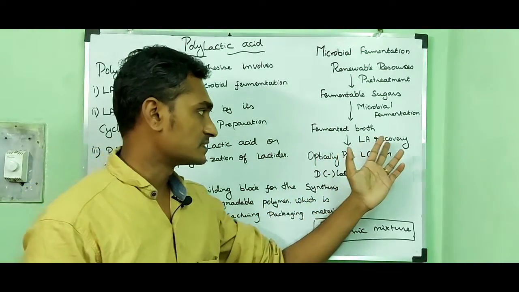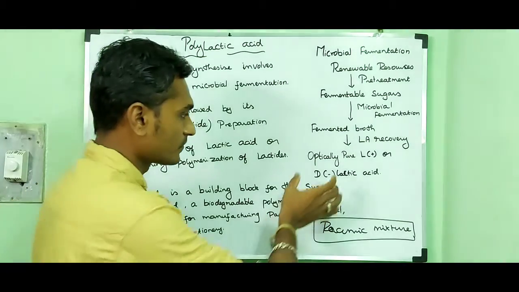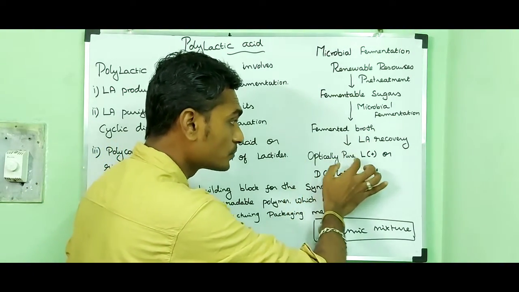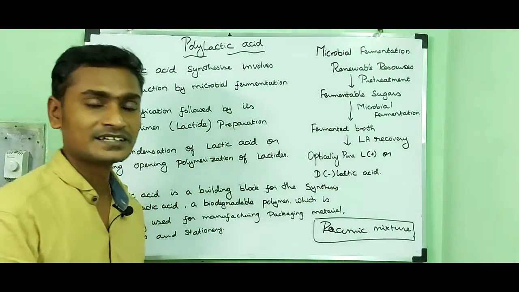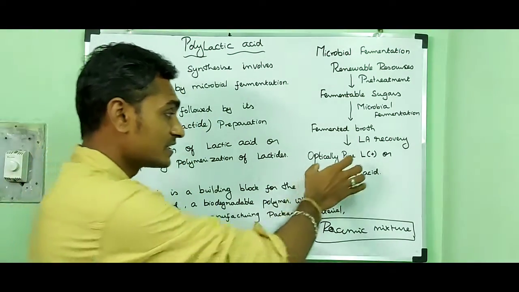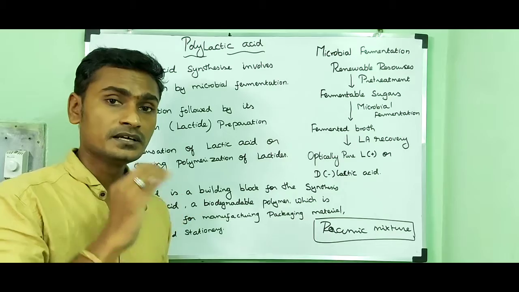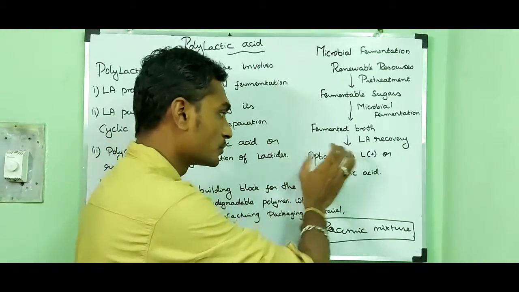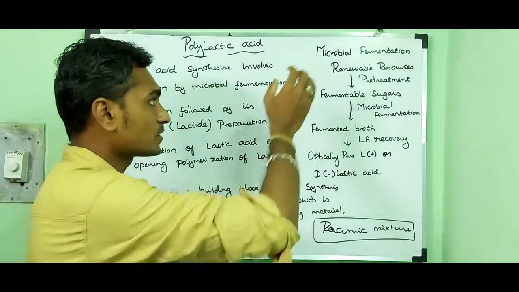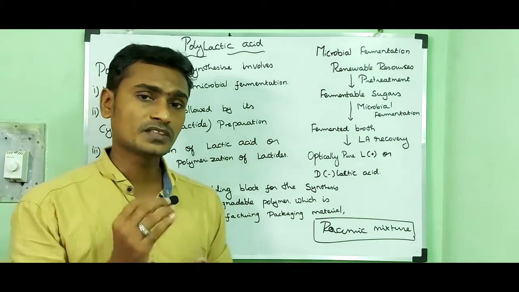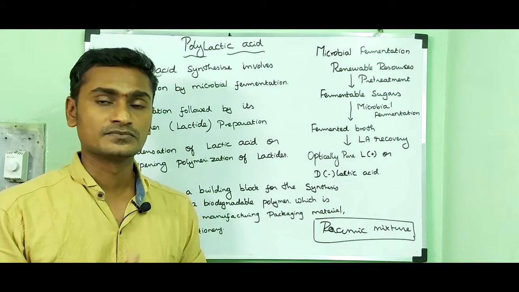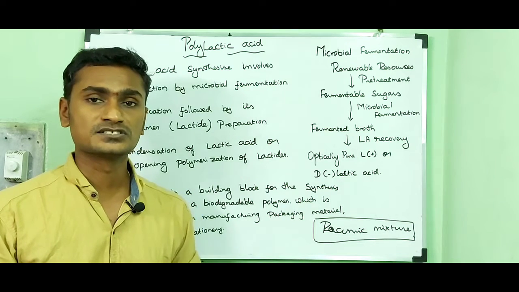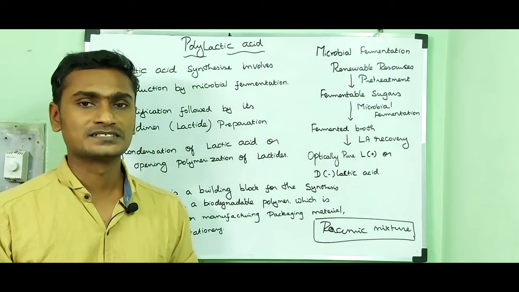Then lactic acid recovery takes place. Finally, we get optically pure L-plus or D-minus lactic acid. So these lactic acids are optically active and pure. Microbial fermentation has more advantages compared to chemical synthesis of lactic acid.